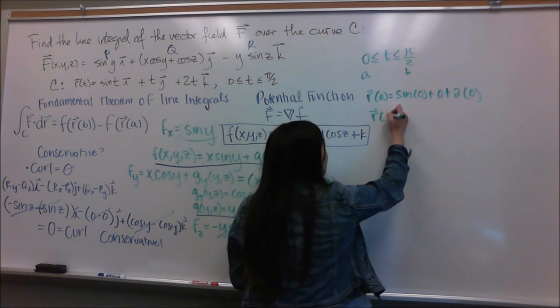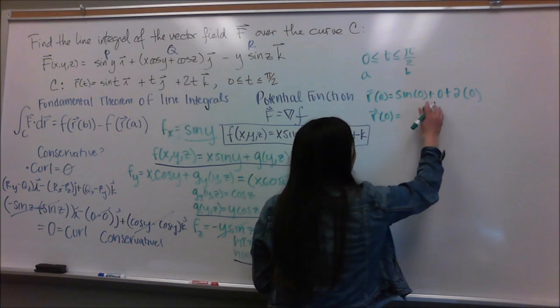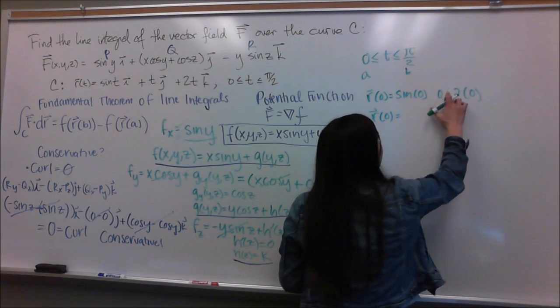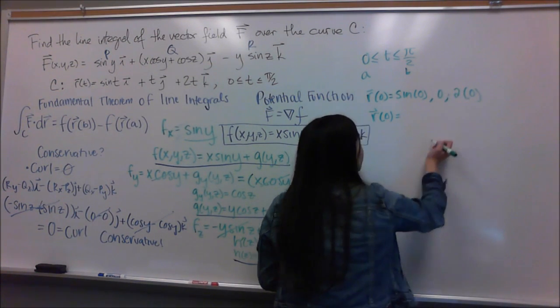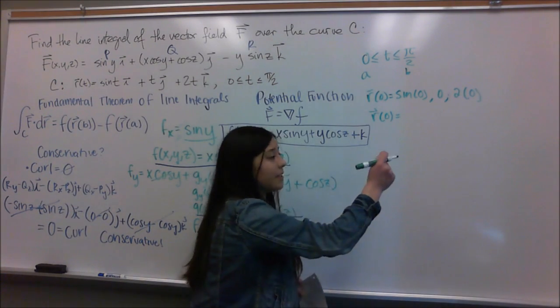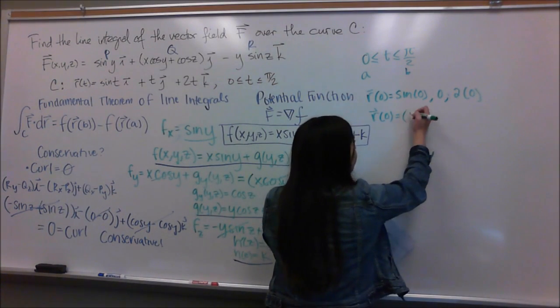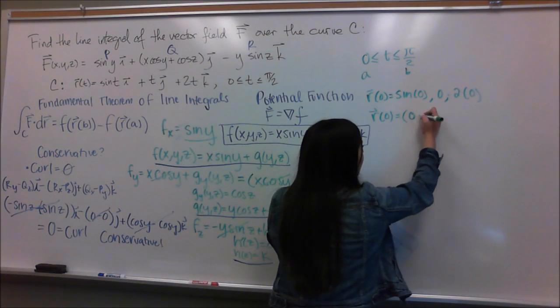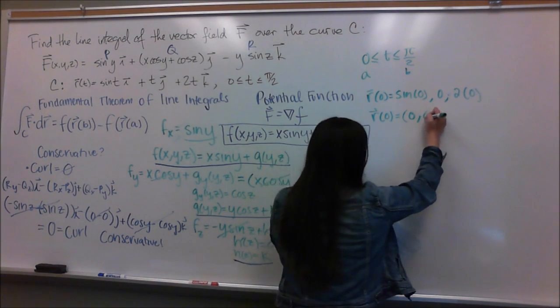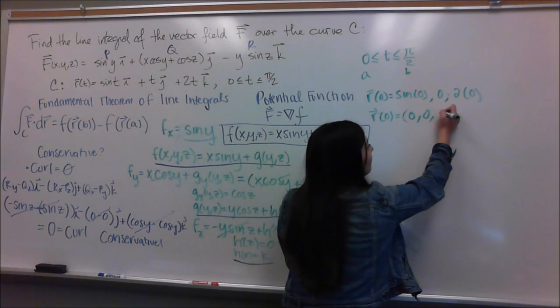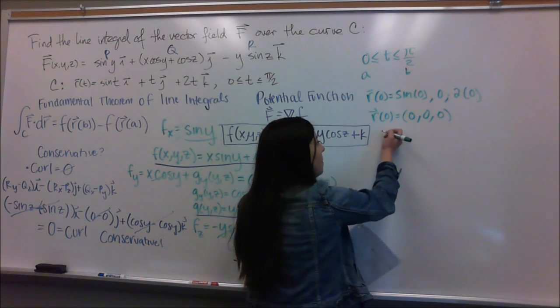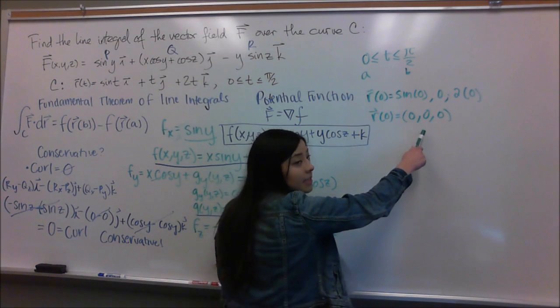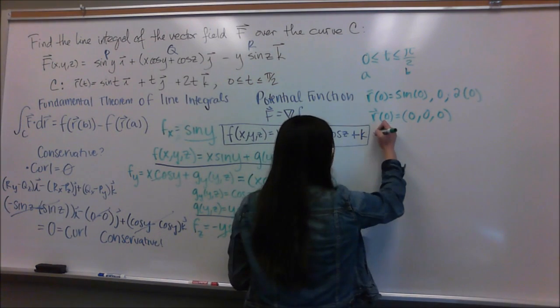And that will just equal, oh, sorry, I meant to put commas, sorry about that, because we're looking for a point. So we have sine of 0, which is just 0. 0 is 0, and 2 times 0 is 0. So r of a is 0, 0, 0.